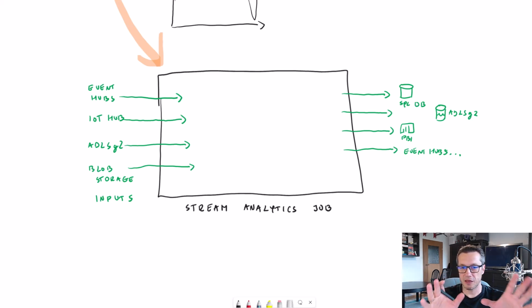All right, and what is missing here is the middle part, the most important one. Namely, how do we process the data? What do we have to do to process it? And basically, this is what the query is. So inside our Stream Analytics job, its main part would be the query.